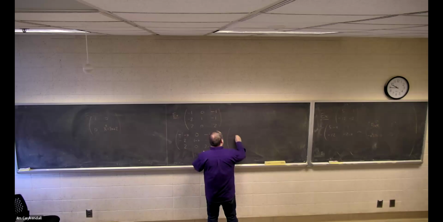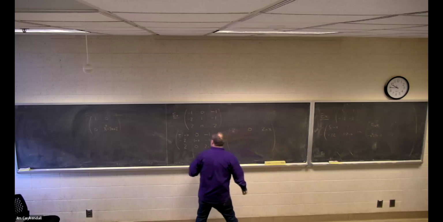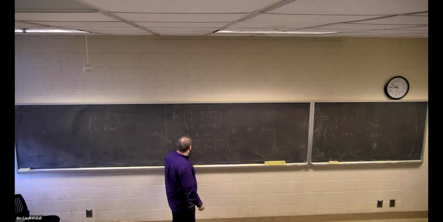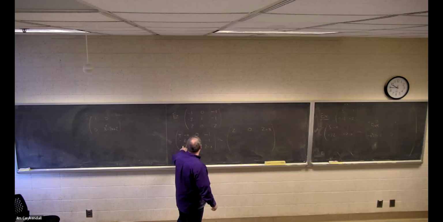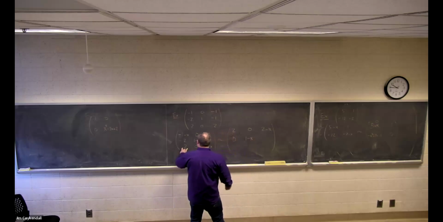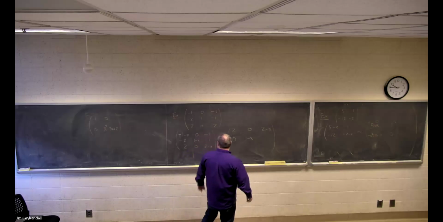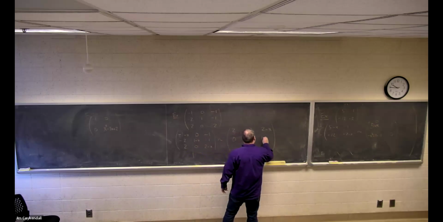I'm going to put this on top, and I'm going to use this to kind of kill stuff. So I'm going to add this to this and leave that the middle row. That's going to be 0, 1 minus X. And it's a straight up add. So it's going to be 1 minus X.